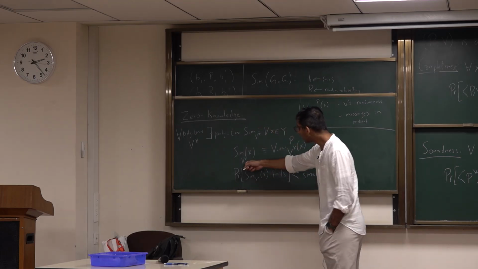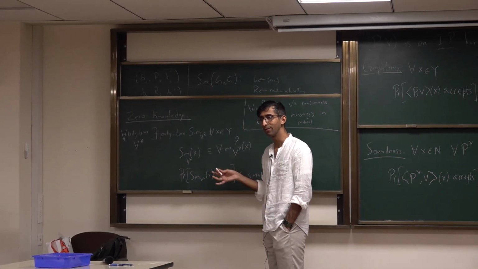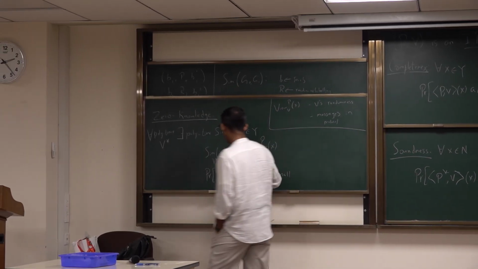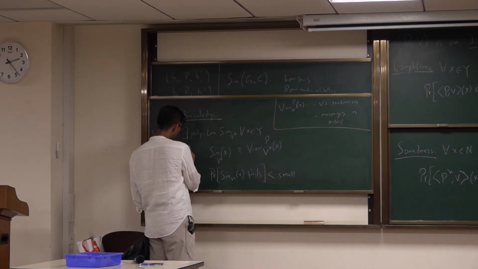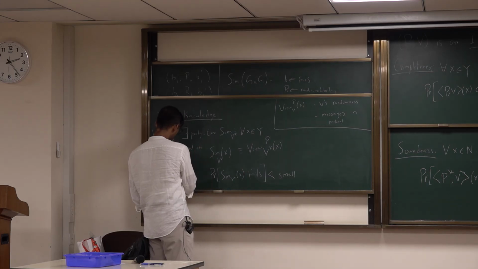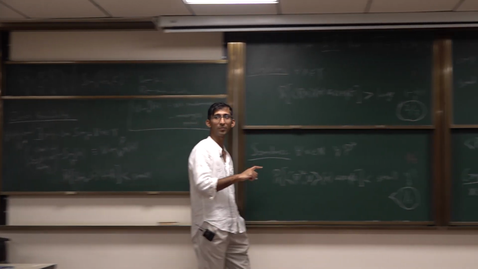And then I'm going to ask for the simulation to work only conditioned on it not failing. So instead of saying it's this distribution, I'm going to say conditioned on this not failing, I'm going to ask for this property.